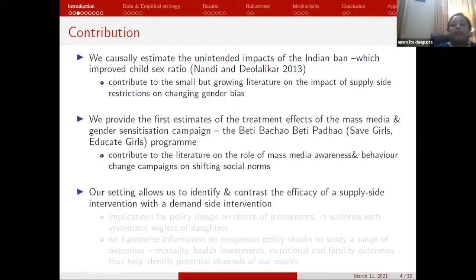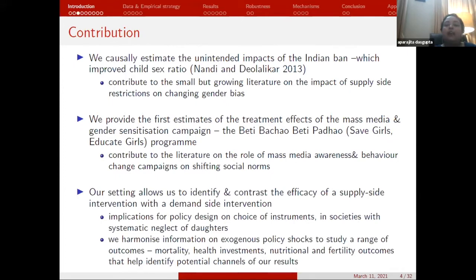So our setting allows us to identify and contrast the efficacy of a supply side intervention with a demand side intervention. So this has very crucial implications for the design of policy on the choice of instruments that could be undertaken in societies which are characterized by systematic neglect of daughters.